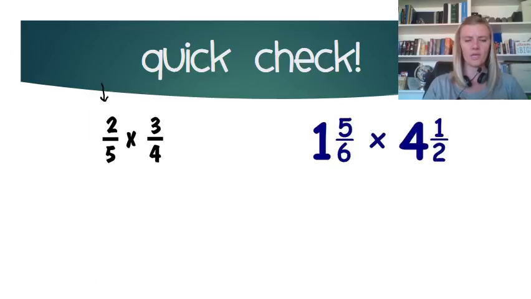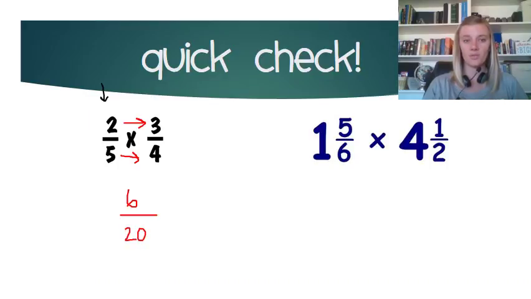We're going to start over here on the left-hand side where we are just doing regular fractions. We don't have any whole numbers in these. And so the first step is that you are just going to multiply straight across your numerators and your denominators. So we have 2 times 3 is 6, 5 times 4 is 20.